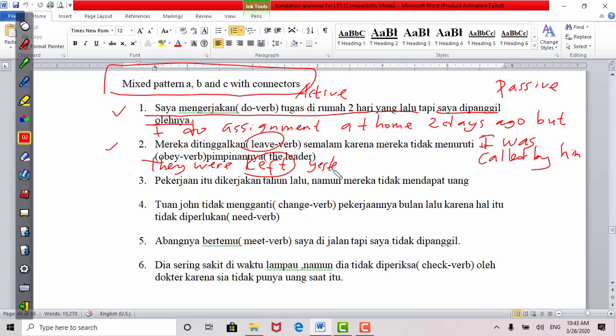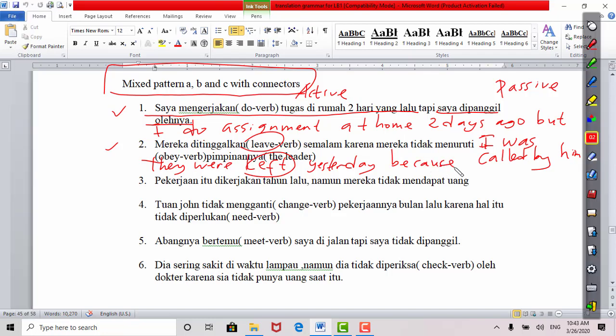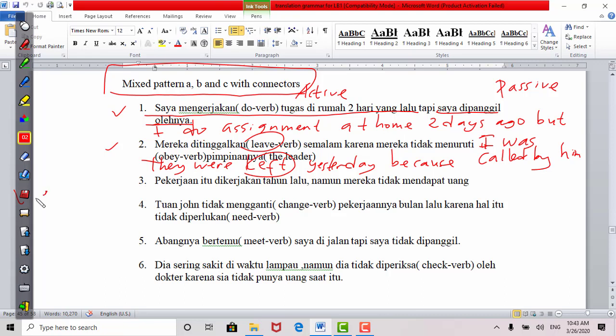yesterday because they, okay, I change first. Because they tidak menuruti. They don't. Sorry, they didn't, I think. They didn't. I changed this.